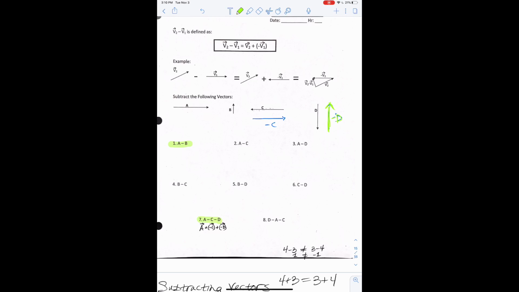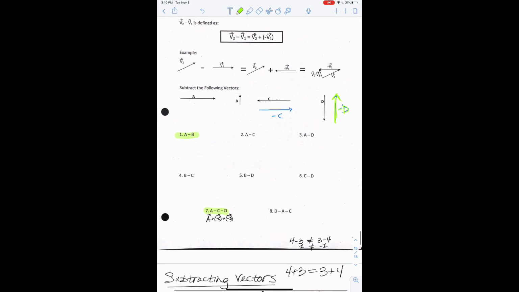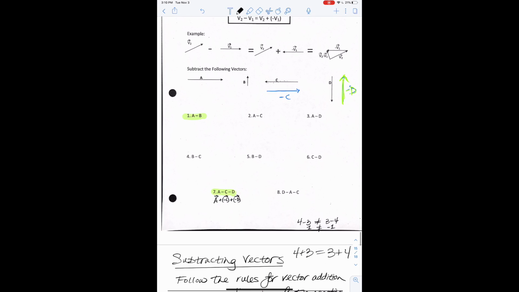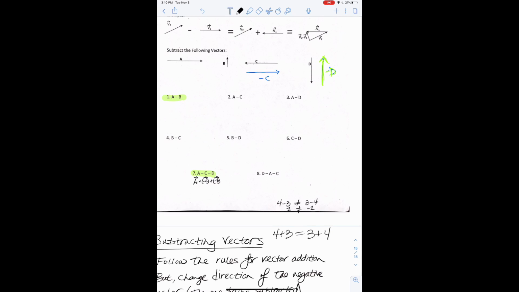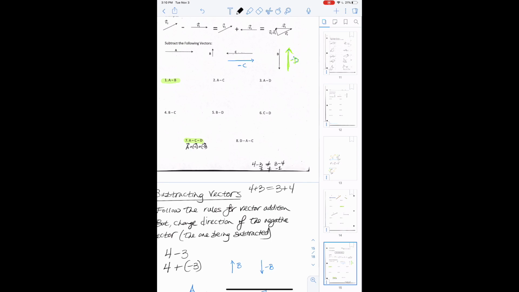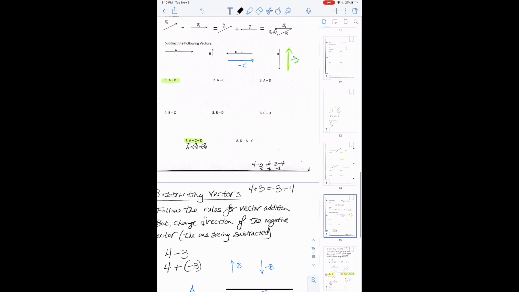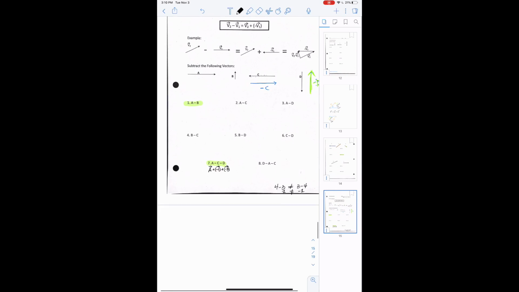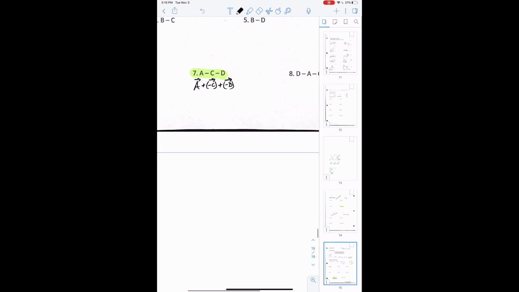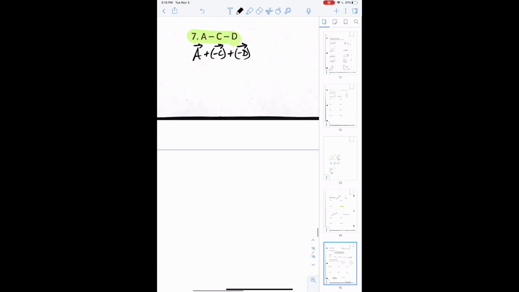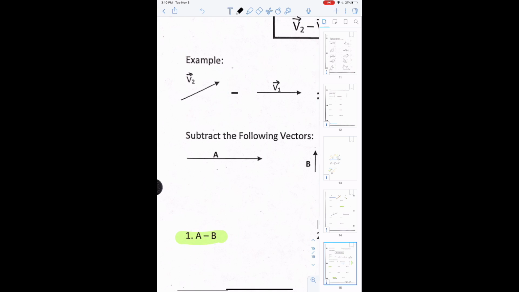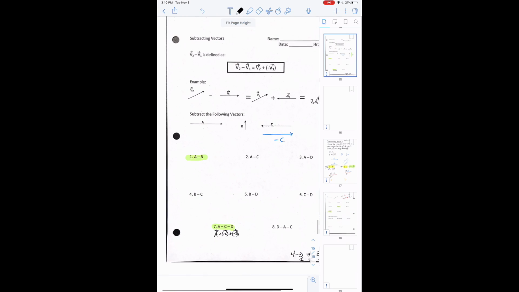So we're going to add a, negative c, and negative d. So what's that going to look like? This is where I definitely want just a tiny bit more room. Let's put it right there. All right, let's go ahead and write these. A is going to be about 1.5 inches or 2 inches.